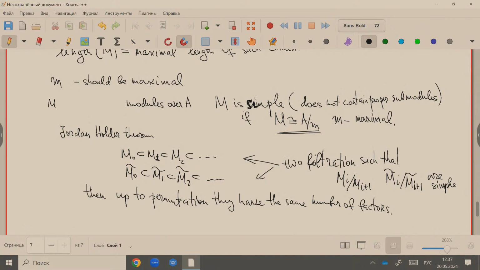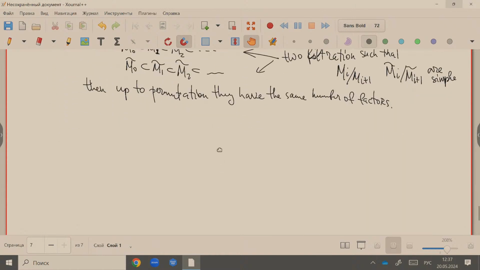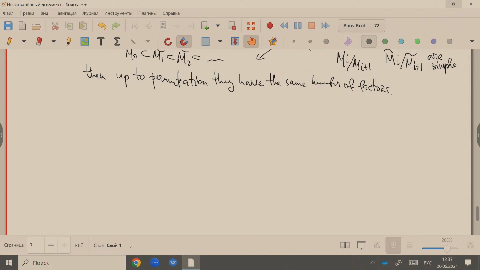Now, in order to speak about the Hilbert polynomial, we want to consider the following: calculate the length, so consider the dimension of M^i modulo M^(i+1).